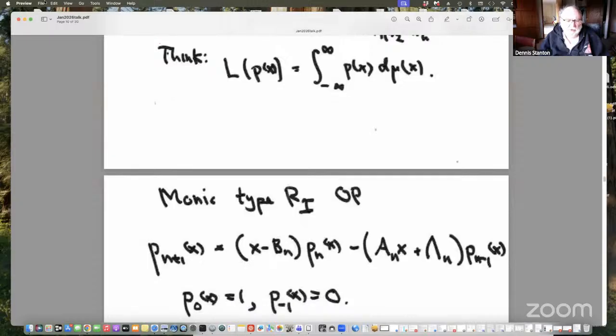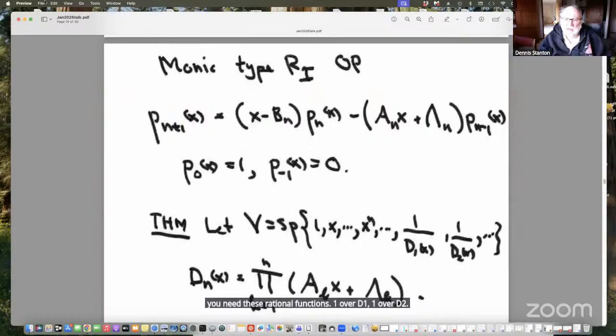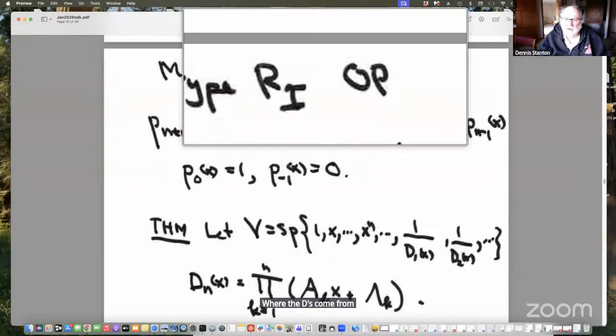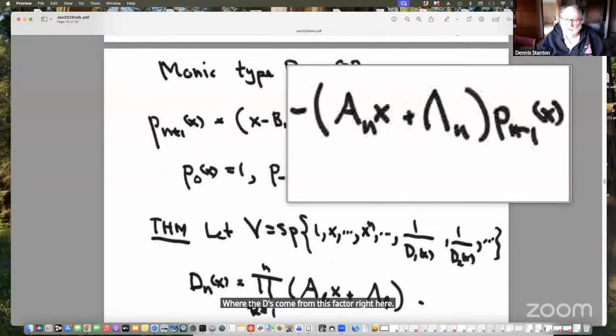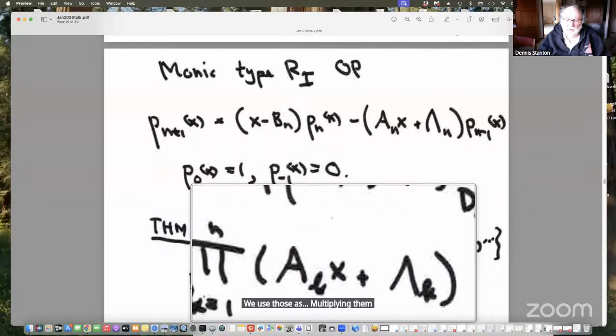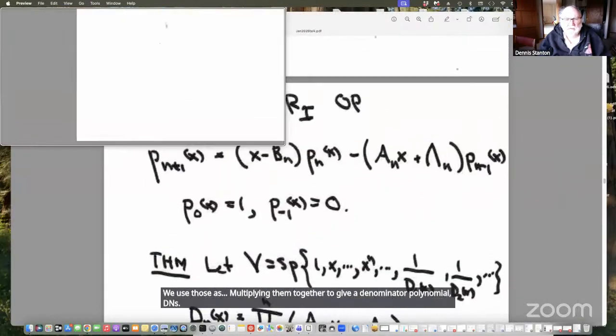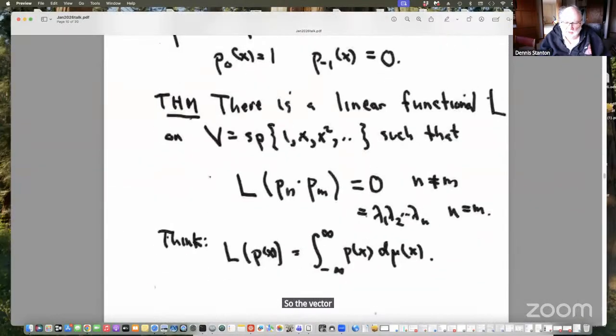Same initial conditions. And now the vector space is, besides polynomials, you need these rational functions: 1 over d_1, 1 over d_2, where the d's come from this factor right here. We multiply them together to give a denominator polynomial, these d_n's. So the vector space now is bigger.